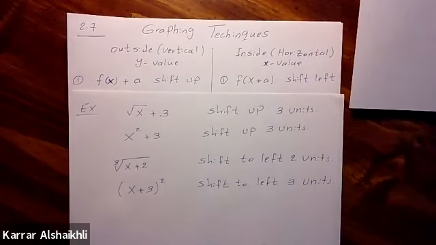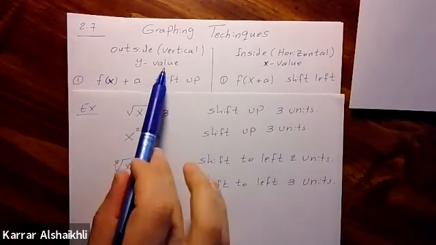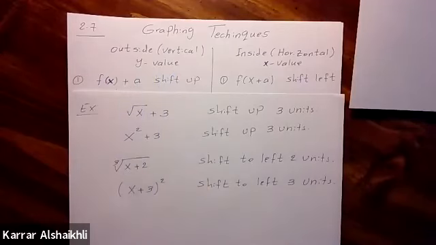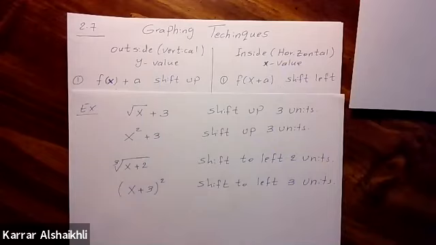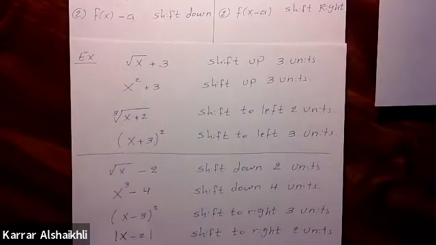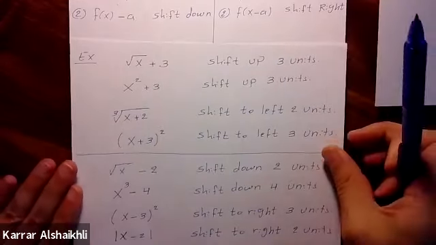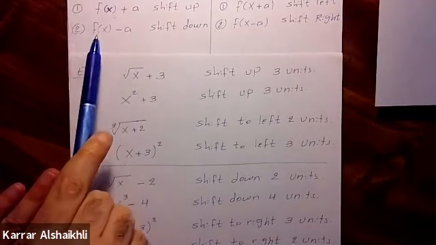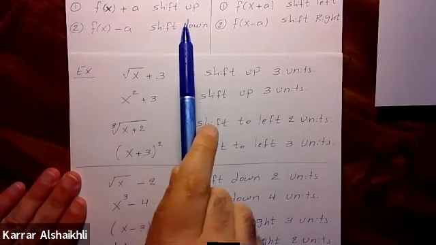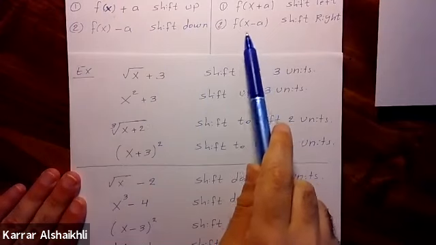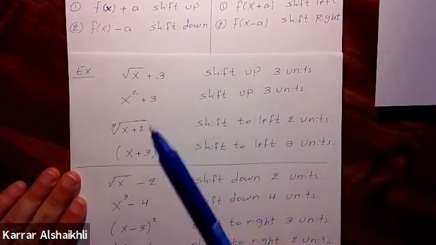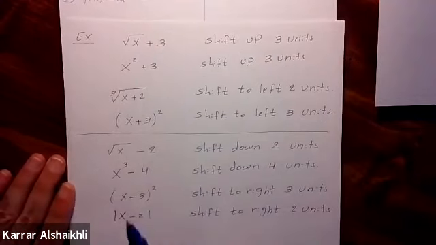So this is the first technique, about when the number is outside, like in these two examples, and when it's inside, like in these two examples. So the second technique: if we have f of x minus a, shift down. f of x minus a inside is going to be shift to the right. Here are the examples.